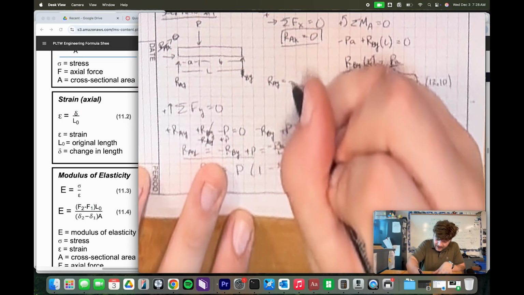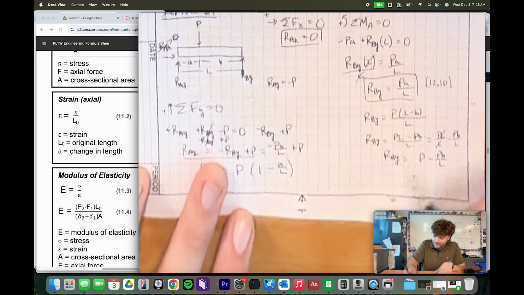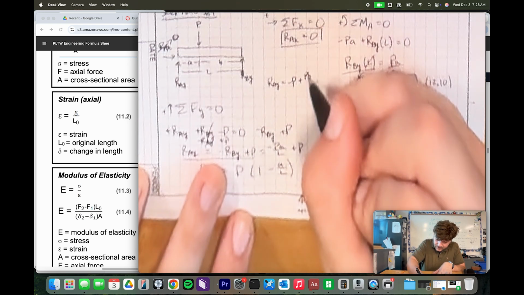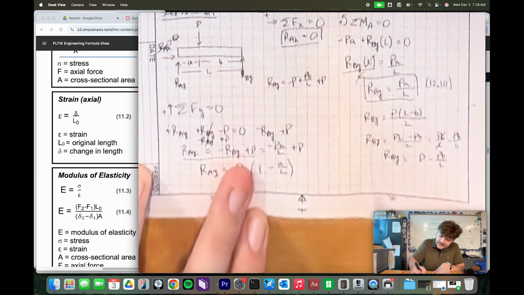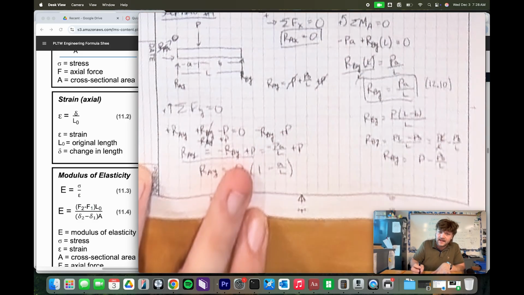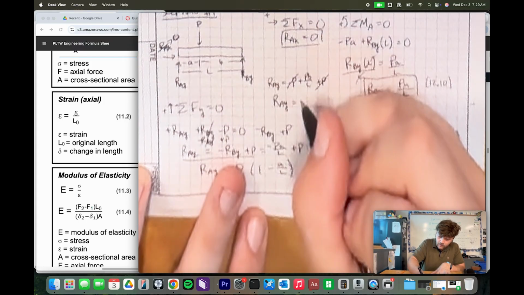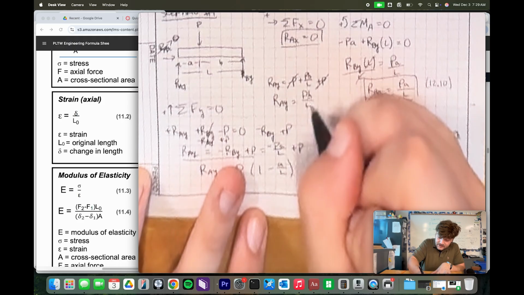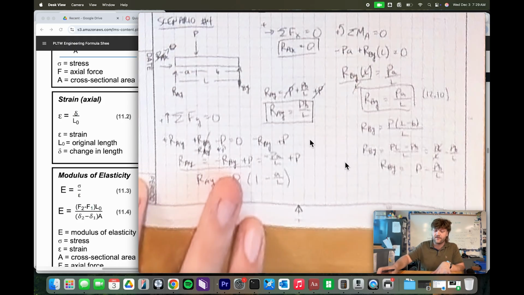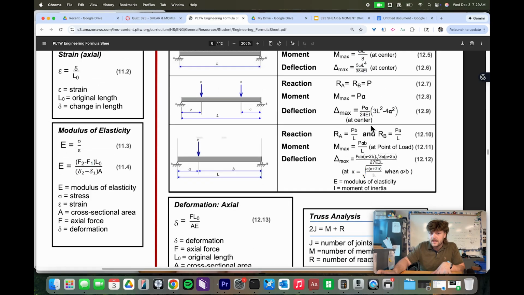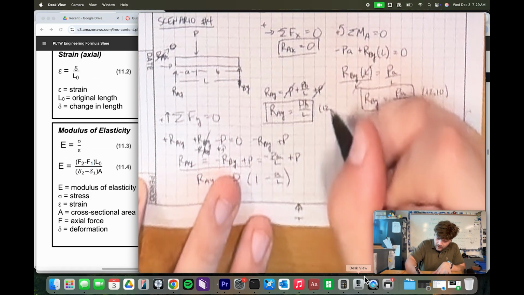So I'm going to go negative P, and then this is a minus times a minus. That's going to make a positive PB divided by L. And then I've got to add on P at the end. And so what happens here is P and P cancel there. RAY is going to be equal to PB divided by L. And so that's how we end up getting this equation here for RAY by doing that substitution. And once again, this is just equation 12.10.